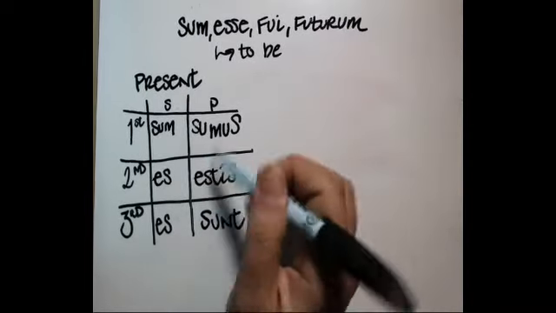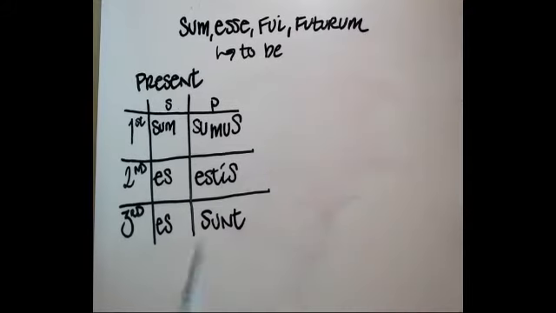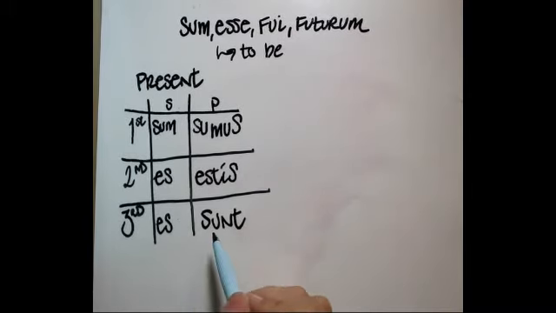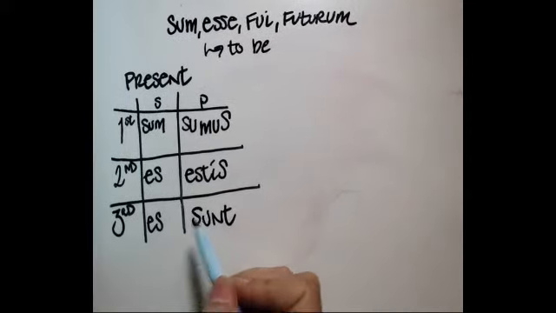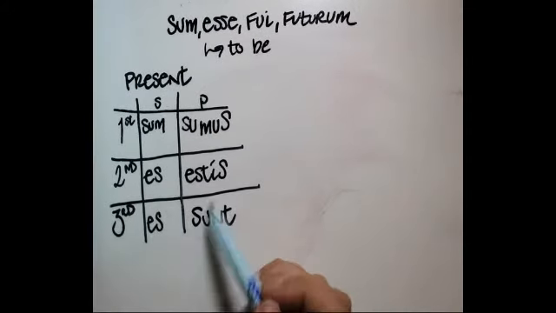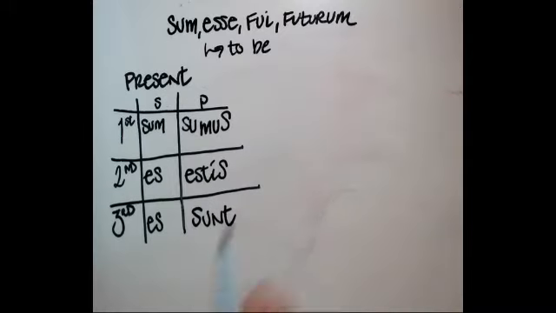So you can kind of see a little bit of consistency, a little bit of how the other verbs are conjugated in this, but it's not consistent. That's why it's an irregular verb.